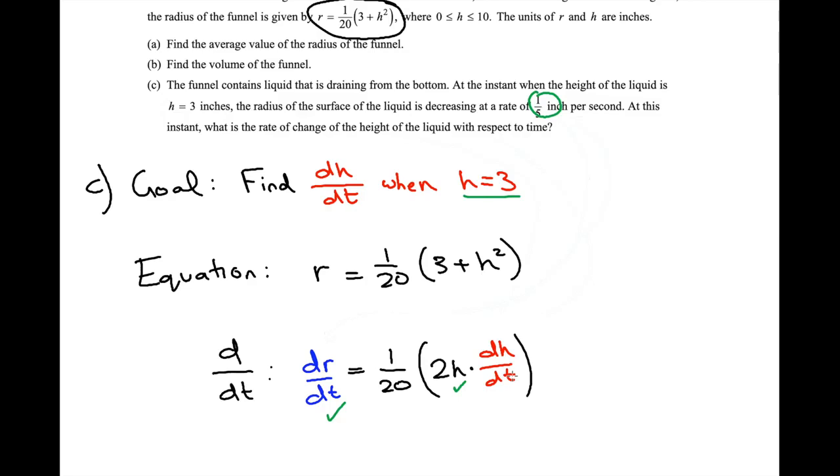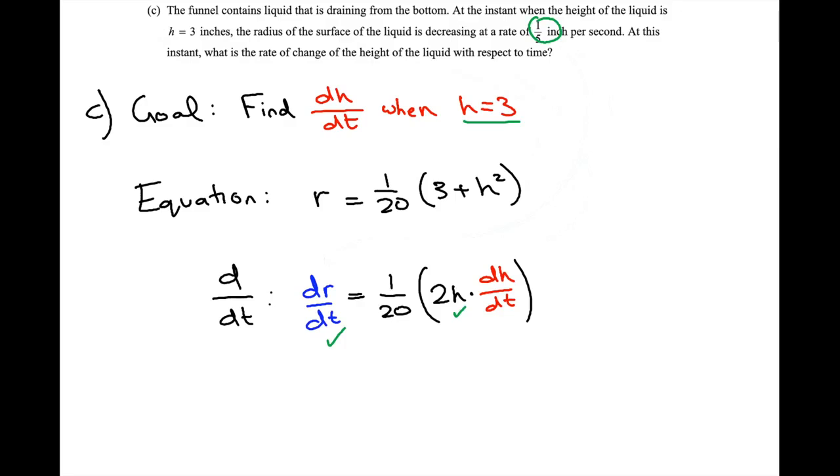So all I have to do now is plug in my information, do some algebra, and we'll be done. Okay, so we'll have negative 1/5. Again, don't forget the negative. That's pretty important. This is going to be equal to 1 over 20 times 2 times 3, which is just 6. So we'll have 6 times dh/dt.